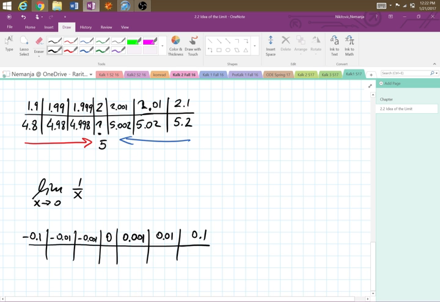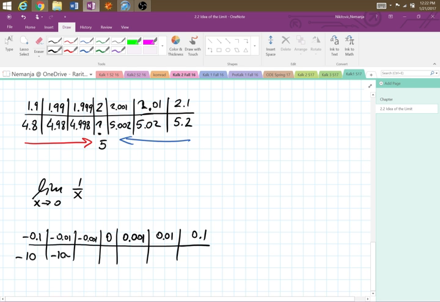Cool. Let's start computing. This would be negative 10, negative 100, negative 1,000. On the other side, 10, 100, 1,000.